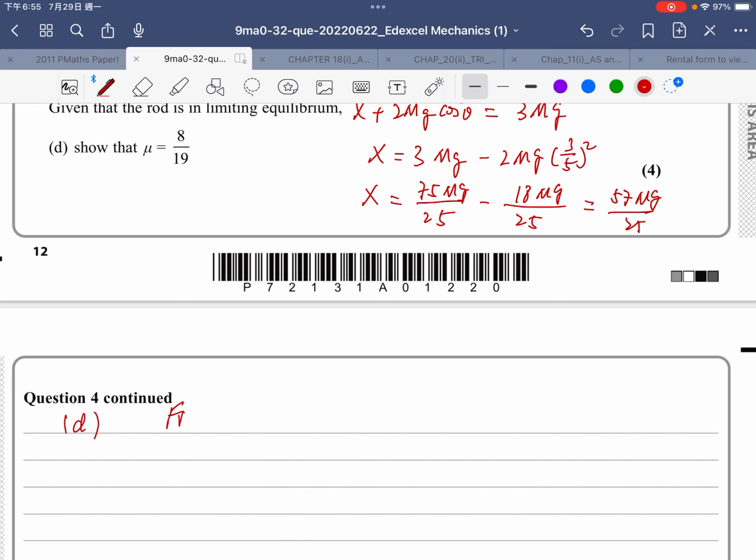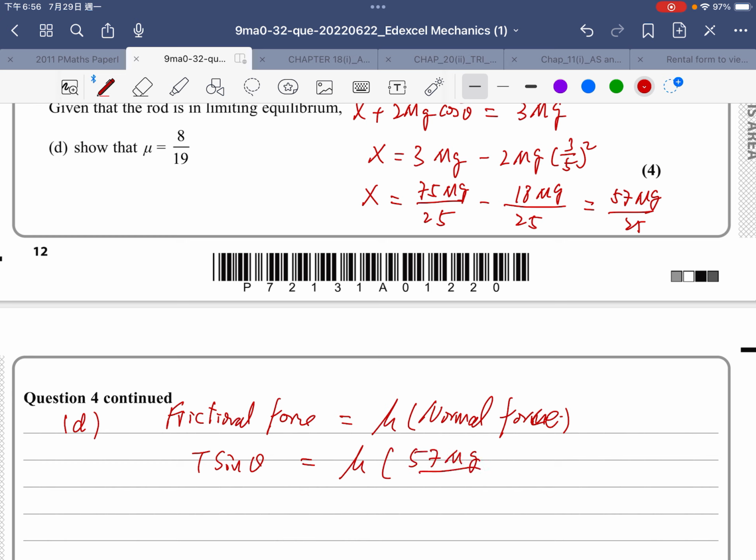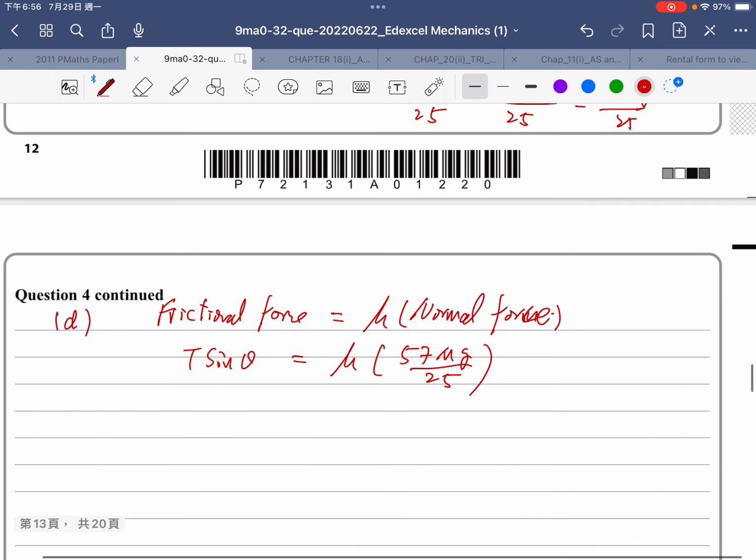Okay, I make a wording here. Frictional force must be equal to mu times normal force. The frictional force here is equal to T sine theta, and the normal force is equal to 57mg over 25. Then times mu means the frictional force.